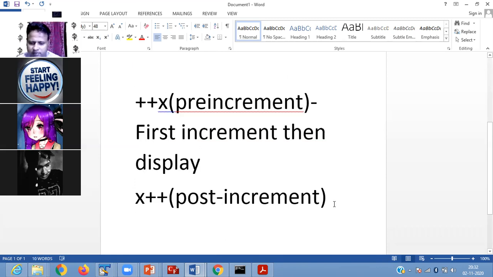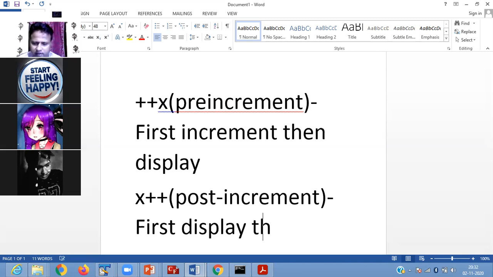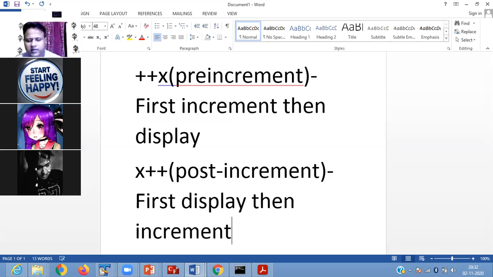The other means first display, then increment. The first one is first increment, then display. The second one is first display, then increment. So these are the pre-increment and post-increment operators we're using.